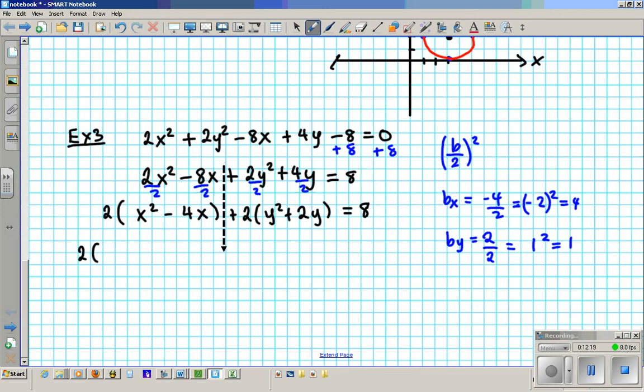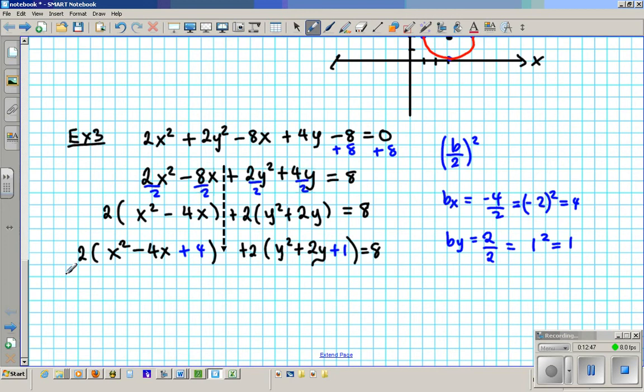So for the x world, 2x squared minus 4x, you're going to add 4 plus 4. Then you have y squared plus 2y, and then you're going to add the 1 plus 1 equals 8. Now what am I going to add? 4 and 1?